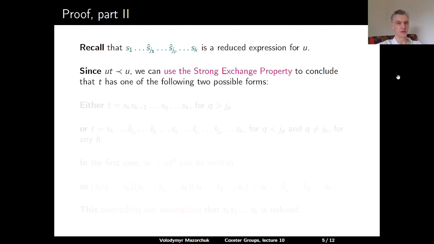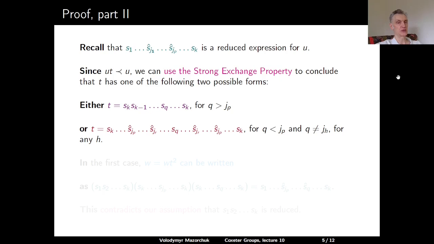Since we have assumed that ut is Bruhat smaller than u, we can use the strong exchange property to conclude that t has one of the following two possible forms. Either t is s_{k-1} and so on all the way down to s_q, and then all the way up to s_k, where q is strictly bigger than jp. So we remove from our expression of u some letter s_q, which is to the right of s_jp.